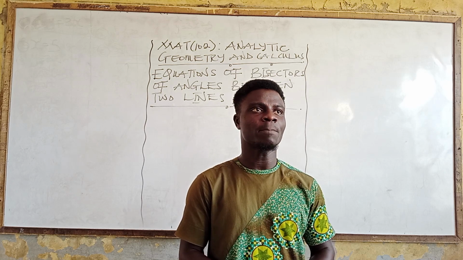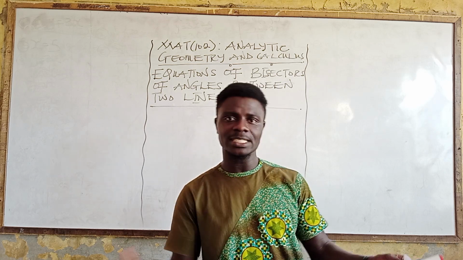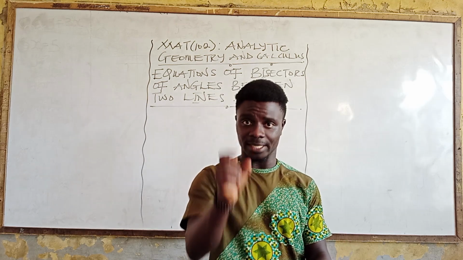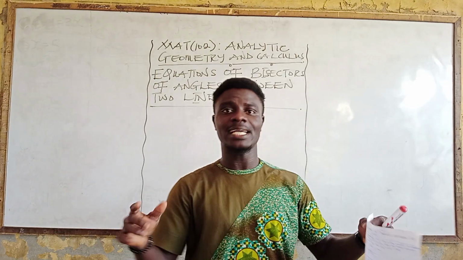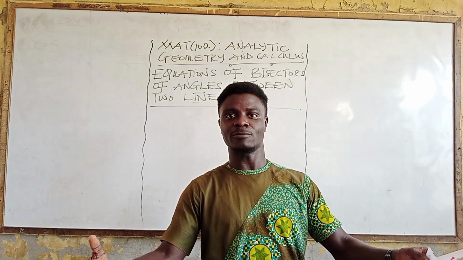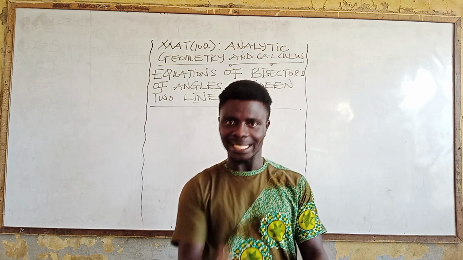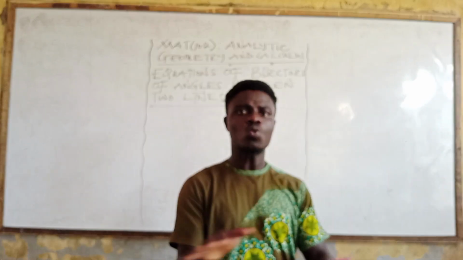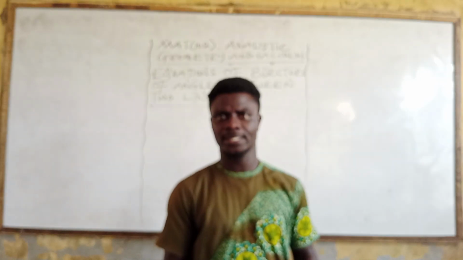If we have a bisector dividing a line segment, let's say AB, and the line segment AB is 5 centimeters, that bisector is dividing the line segment AB into two equal parts.